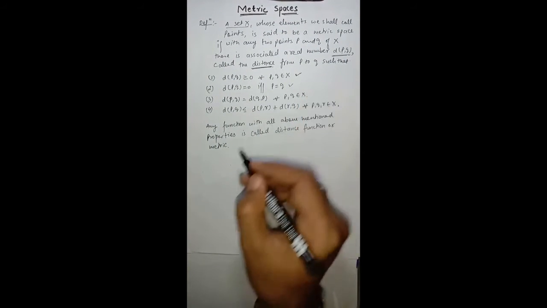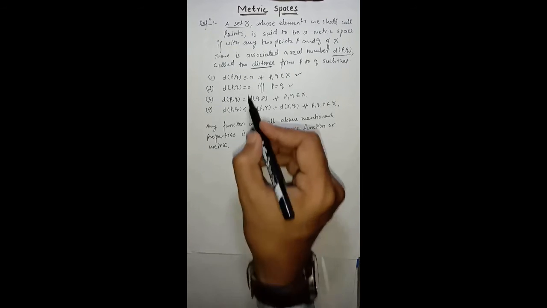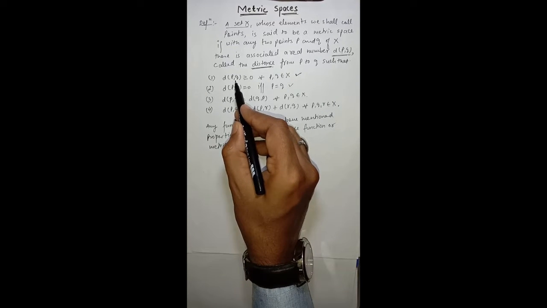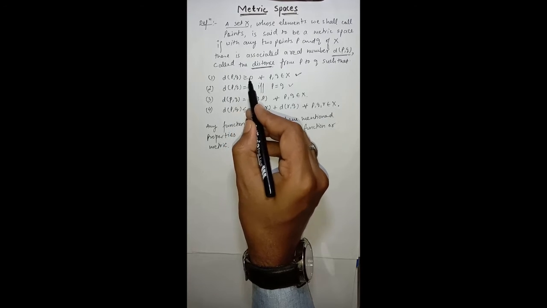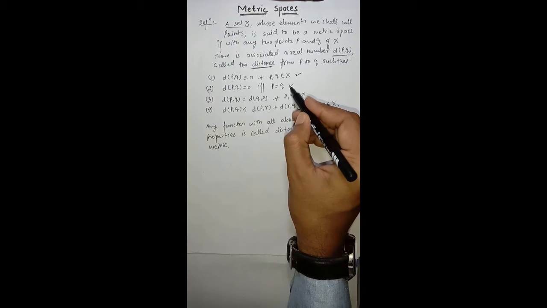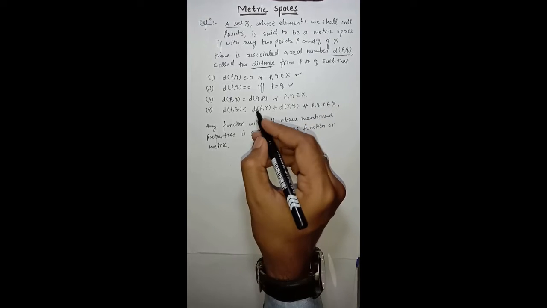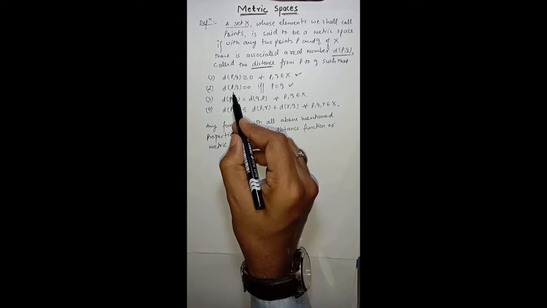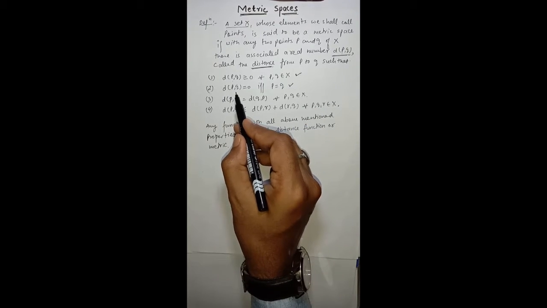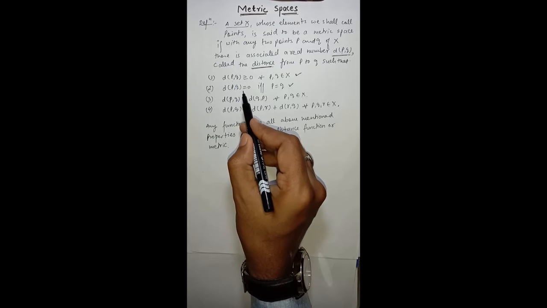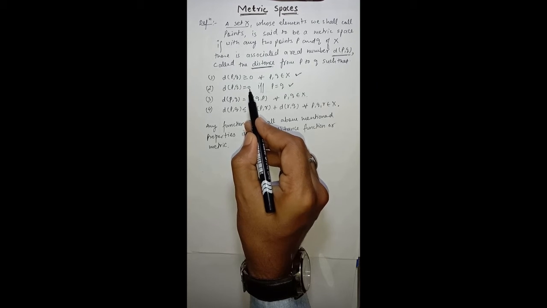Axiom 1 states that the distance between any two points of X is a non-negative real number. And the second axiom states that if any 2 points coincide, then the distance is 0, and if the distance is 0, the 2 points are the same.